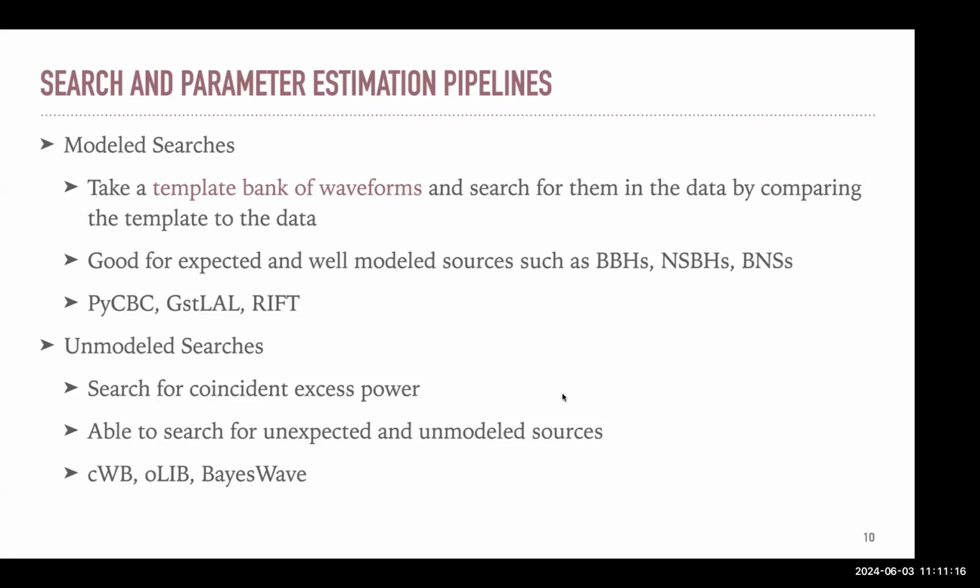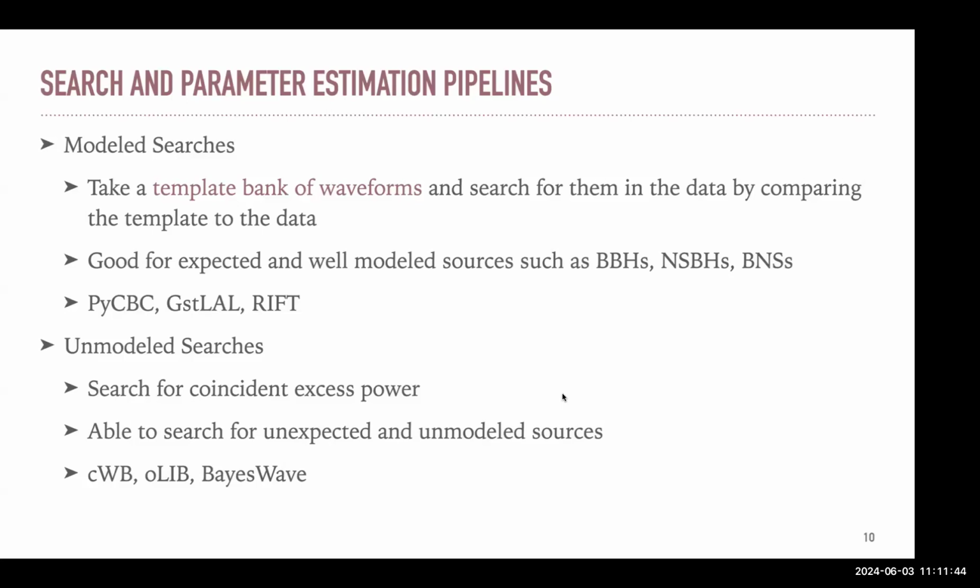This is really great for systems that we expect to see and are able to model well, such as binary black holes, being one of the big things that we're able to create templates for. But same thing with neutron star black holes and binary neutron stars. Some of those search pipelines are PyCBC and GstLAL. Rift is less of a search pipeline, more of a parameter estimation pipeline, but still templated.